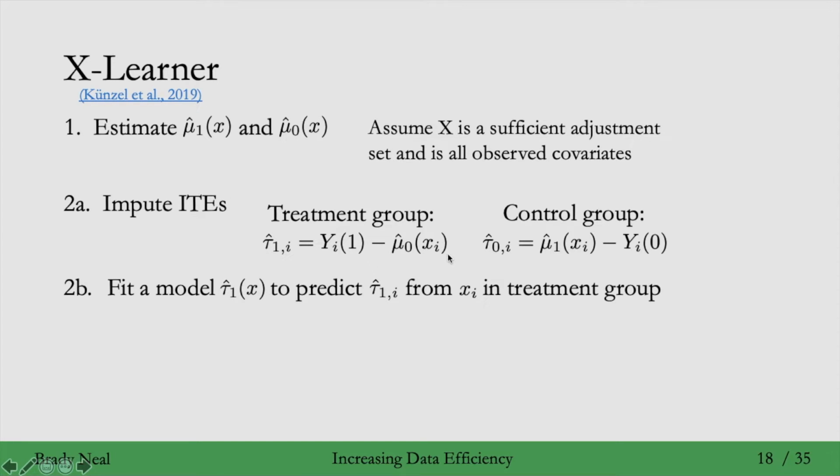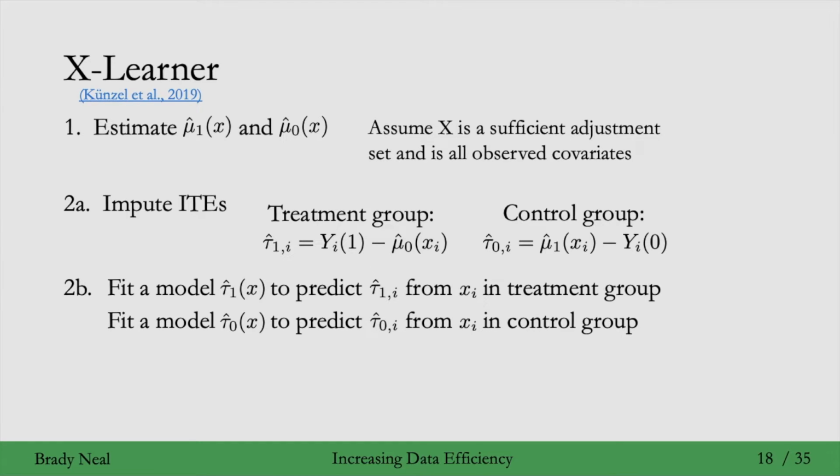It already used all of the control group data here. And now that we're using all of these imputed ITEs, where we use all of the treatment group outcomes, we're going to end up using all of the data in total. And tau1 hat will give us estimates for all of the different data points. X can be any X here, whereas in step 2a, we only got estimates for the treatment group data with tau1 i hat.